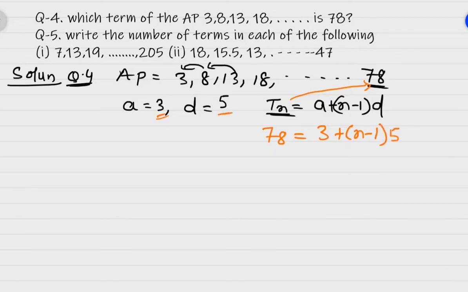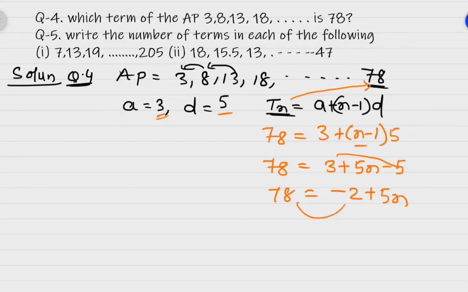Now simply put the values and you'll see you are left with only n and there is an equation. Simply solve this equation. 78 is equal to 3 plus 5n minus 5. So 78 is equal to, see, 3 and minus 5, how much are you getting? Minus 2 plus 5n. Now this will go this side. So 78 plus 2 will give you 80 is equal to 5n. This implies that n is equal to 80 by 5.